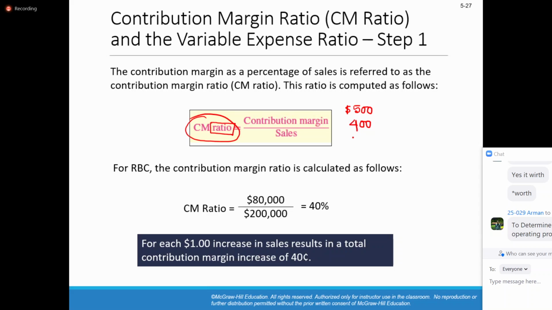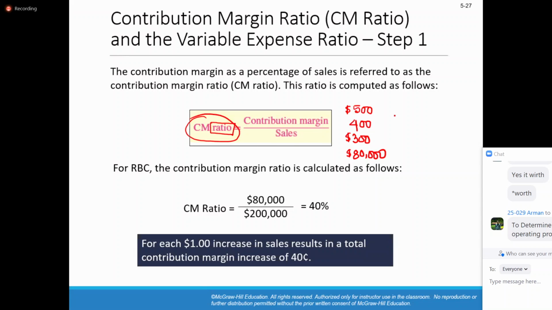Then variable cost per unit is $300 per unit, and fixed cost was about 80,000. I would recheck if there is any mistake, or you can help me.